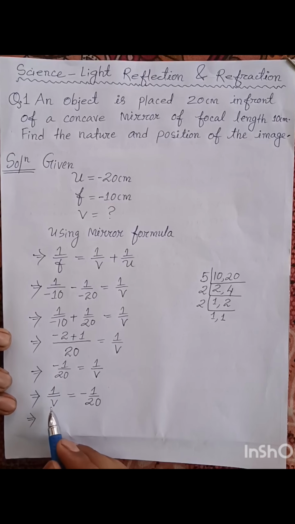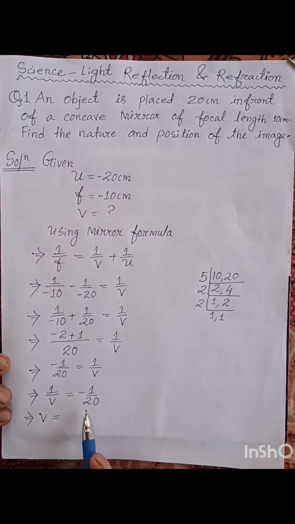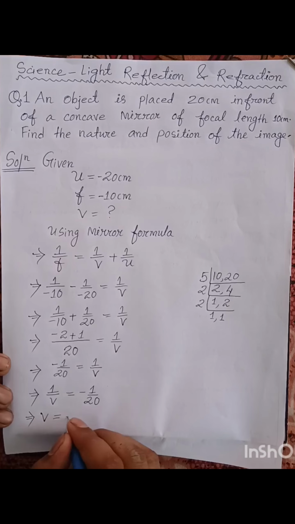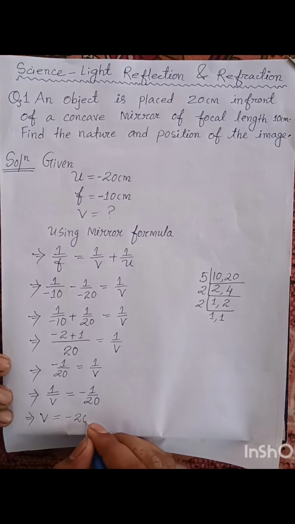If I do the reciprocal on the left hand side, then on the right hand side also I do the reciprocal, because I need the value of v. If I do this reciprocal, then 1 by v means I can write v by 1. v equal to, now minus 1 by 20, if you do the reciprocal, then minus 20 by 1.